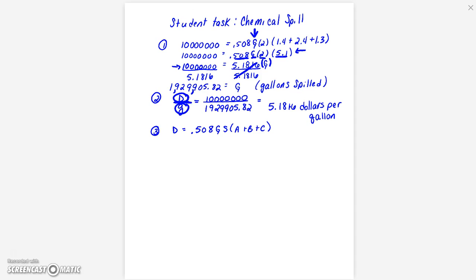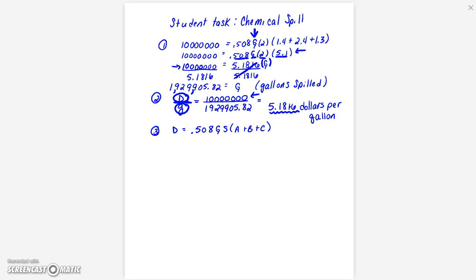If the question wanted dollars per gallon, you take the dollars, which was 10 million, and you type that in first, and then divided by the number of gallons spilled. So when you take 10 million and divide it by almost 2 million, you get approximately $5 per gallon spilled.